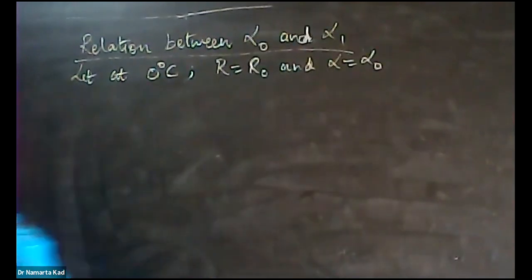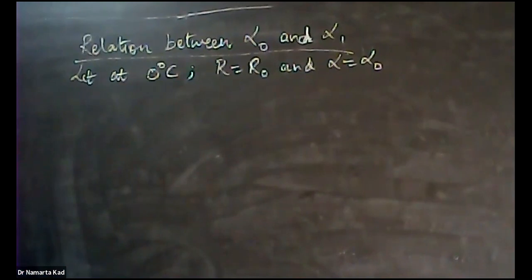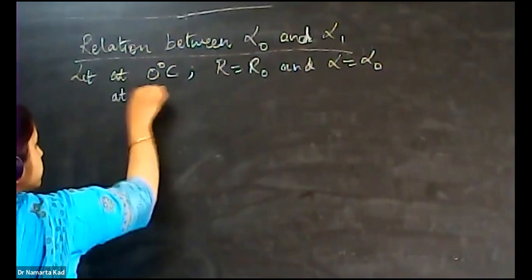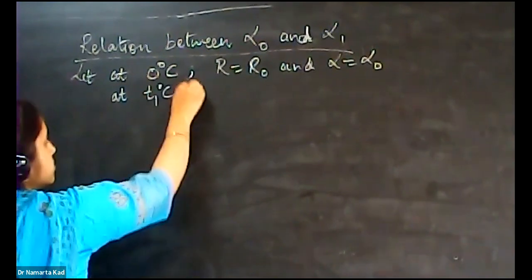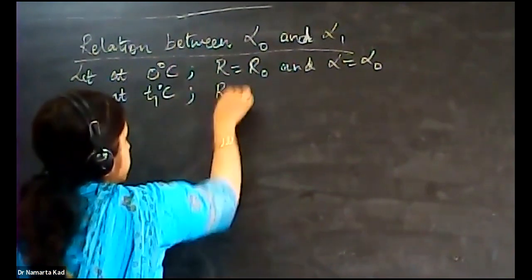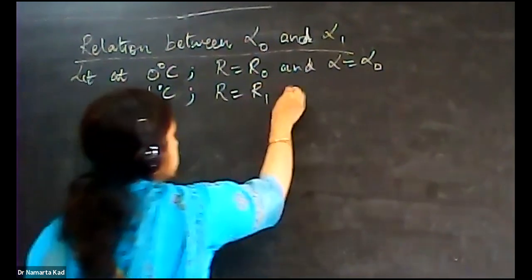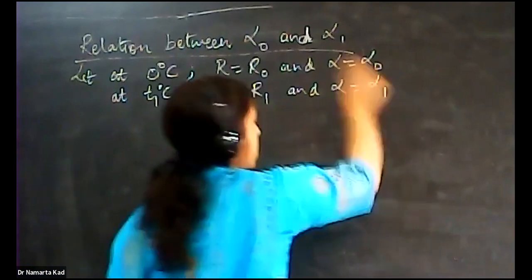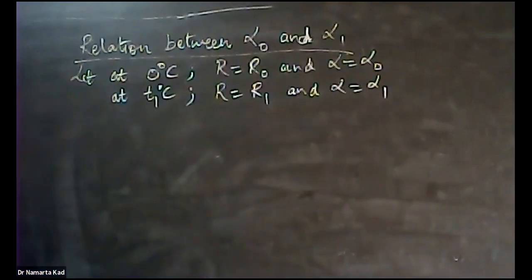These are the symbols we are going to use at 0 degree C. And at T1 degree C, R is equal to R1 and alpha is equal to alpha 1. At any temperature T1 degree C, T1 may be 20, 30, 40, anything.